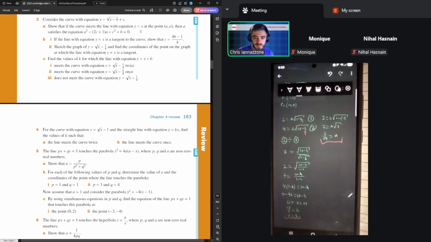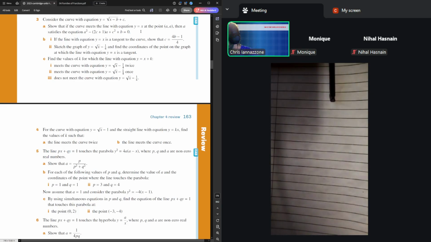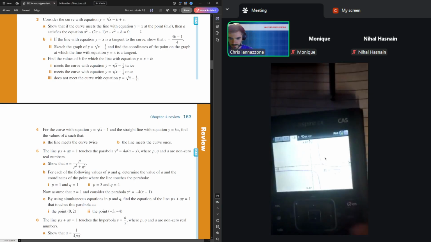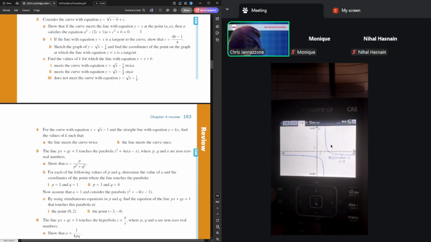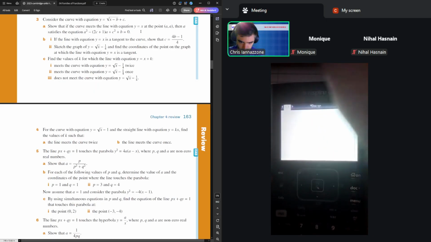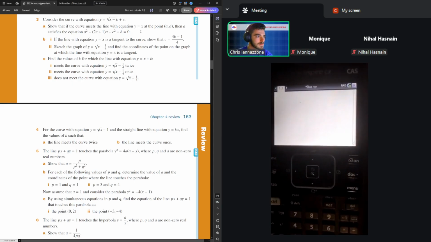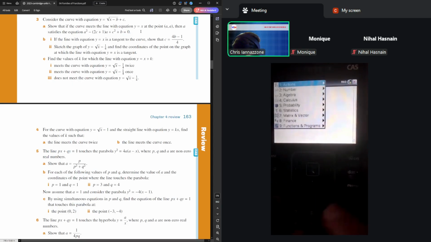Ignoring the complexity of it, even if it's just linear touches linear, what do you usually do in your working out steps when graphs meet each other? Have a think about that while I define some functions in the calculator.